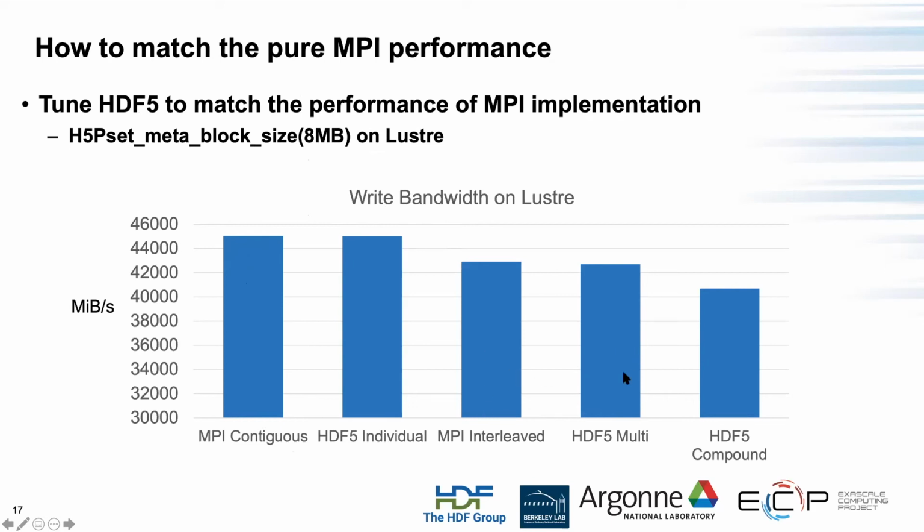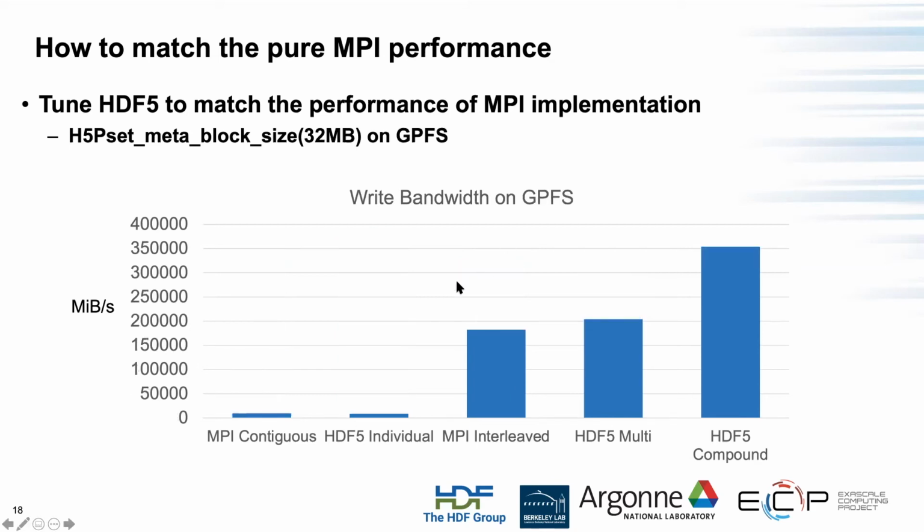So those gave the worst performance. Now it's completely opposite if you run on GPFS, where you have the MPI contiguous and the HDF5 individual performing the worst, whereas the HDF5 compound is performing the best. So the underlying file system can play a big part in how you're writing your data or reading it.